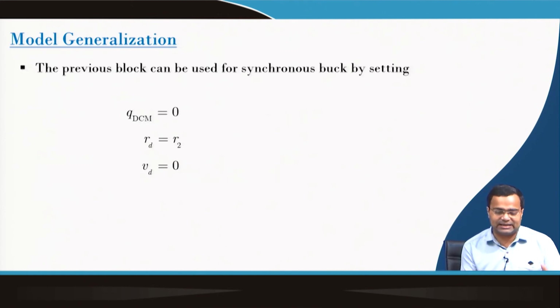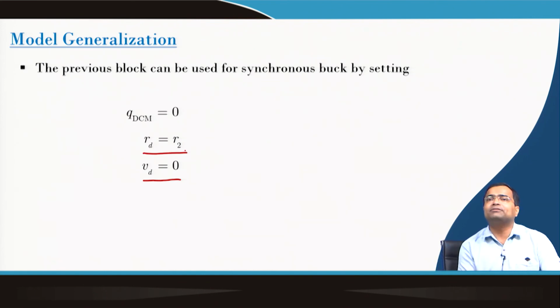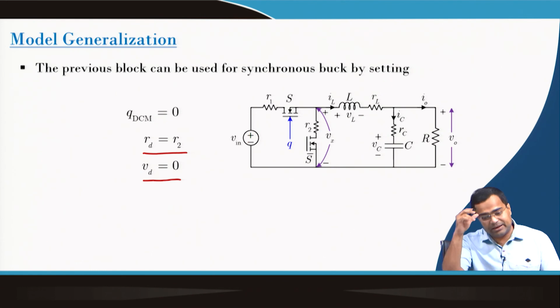That means, if we set QDCM to be 0, then we do not want a conventional buck converter; this can be configured to a synchronous buck converter, where we can simply set the diode drop to be 0, and this RD is now replaced with the on-time resistance of the low side MOSFET. So, a synchronous buck converter can be derived, or the model can be implemented as the conventional one by setting this parameter.